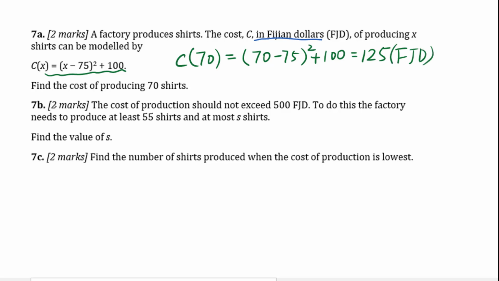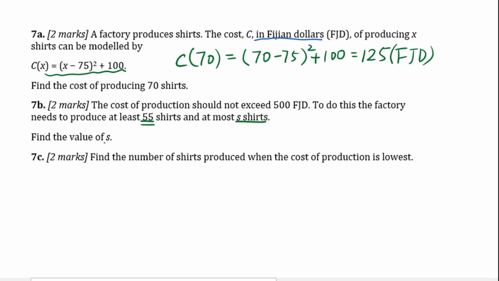Let's go to 7b. The cost of production shouldn't exceed 500 dollars. To do this, the factory needs to produce at least 55 shirts and at most S shirts.